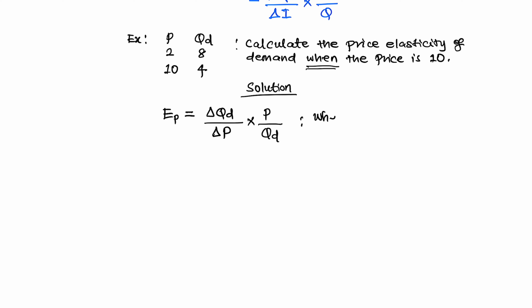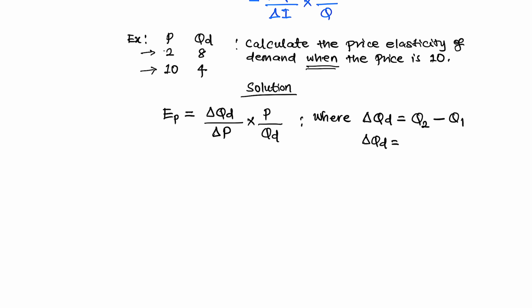Change in quantity demand, as we've shown earlier, simply means the new Q minus the old Q, as simple as that. We may choose any one of the two values. We may choose this as the old Q and choose this as the new Q. It doesn't matter.